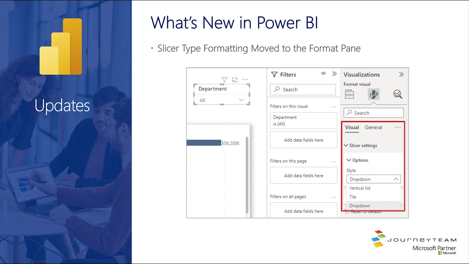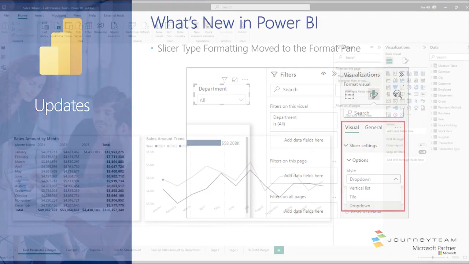Now you select the slicer, and underneath the visualization pane, you have the ability to choose which type of slicer this is. Things like vertical lists, drop downs, or a new one called tile, which kind of replaces the old chiclet slicer that you had to download. And we'll demonstrate that a little bit in just a minute.